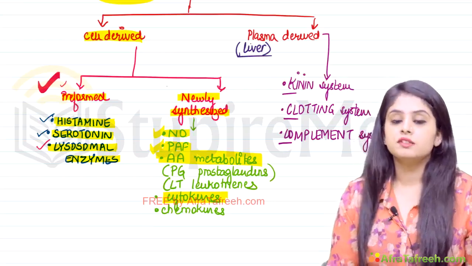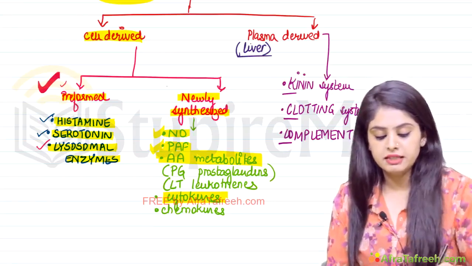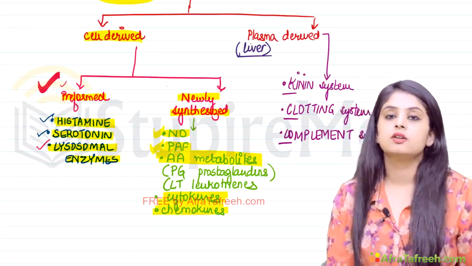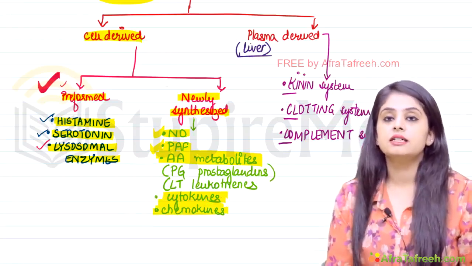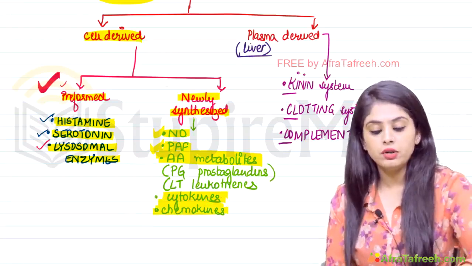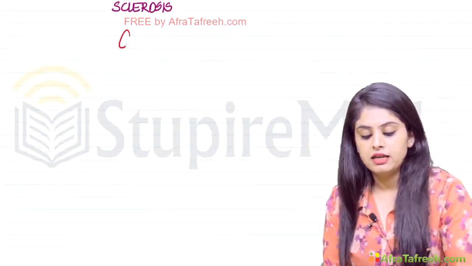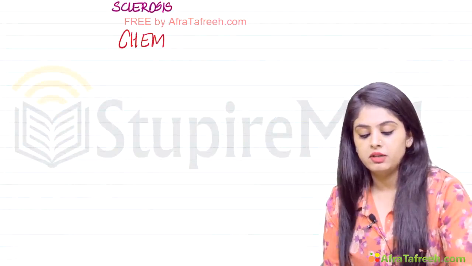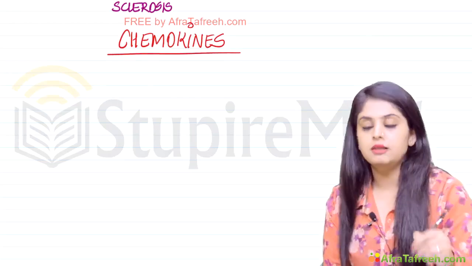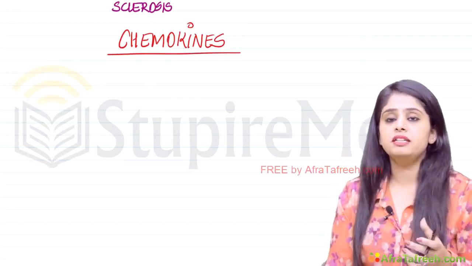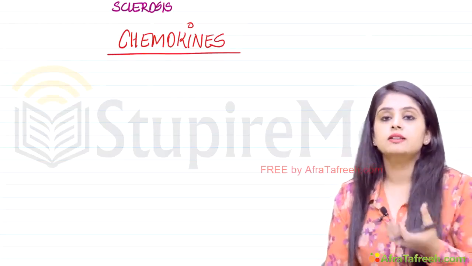So students, with this we have now come to the last mediator in this particular section of newly synthesized, that is the chemokines. We are now going to begin our discussion about the chemokines. Now there is a similar sounding word that we have read earlier also when we were doing chemotaxis. It means it is going to attract the WBC.